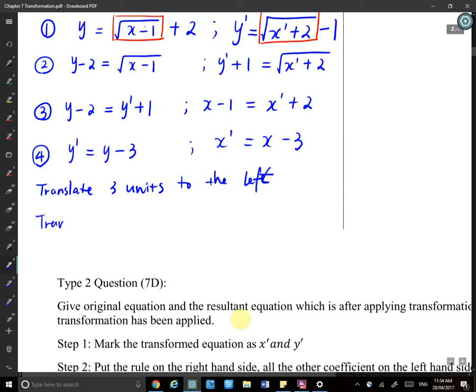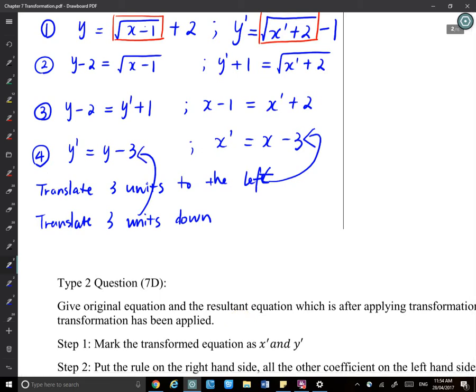And then translate 3 units down, moving down by 3 units, y minus 3. This is according to that, and this is according to that. It doesn't matter with the order. Which one you describe first doesn't matter because they are all translations. Translations can happen in any order.